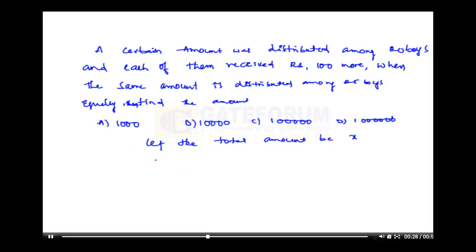If the total amount is distributed among 20 boys, it goes to x by 20, and if it is distributed among 25 boys, it goes to x by 25. Now the difference between x by 20 and x by 25 is 100 rupees, which gives x is equal to 10,000. So option B is the right answer.